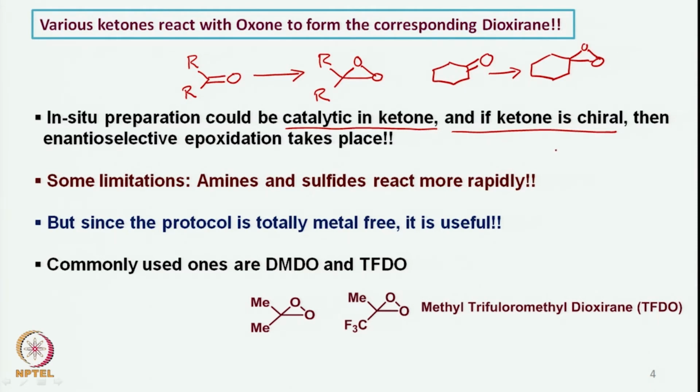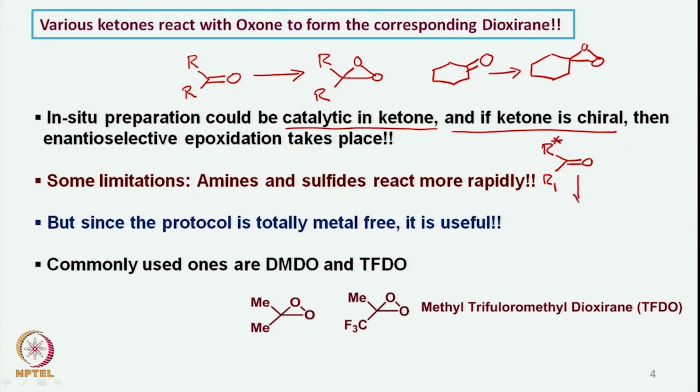So any chiral ketone will give the corresponding chiral dioxirane. So supposing you have an R group here and here is an R1 group and your ketone is like this, and one of these has a chiral center here.